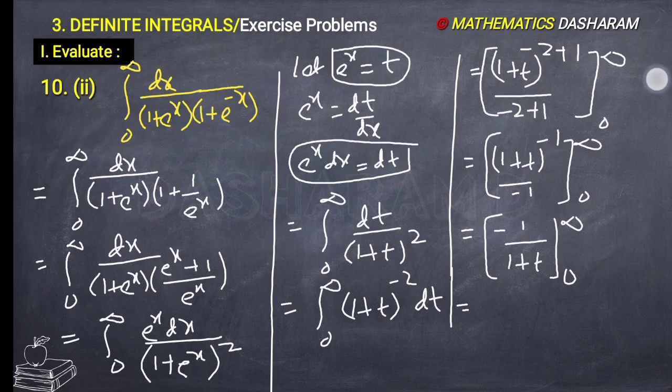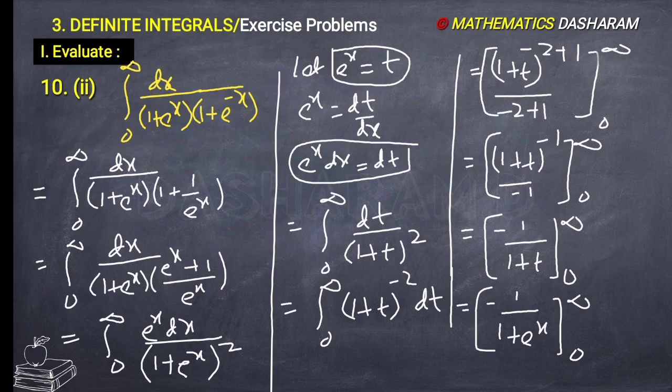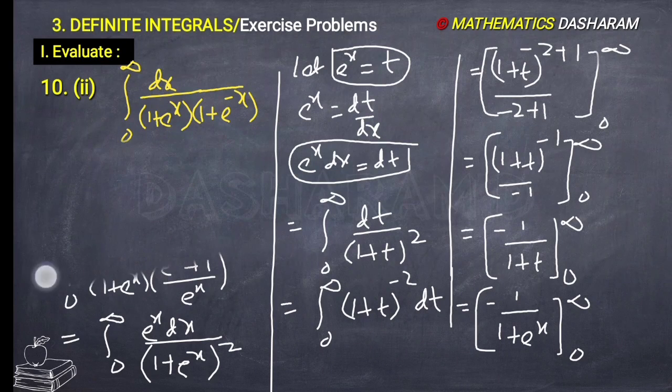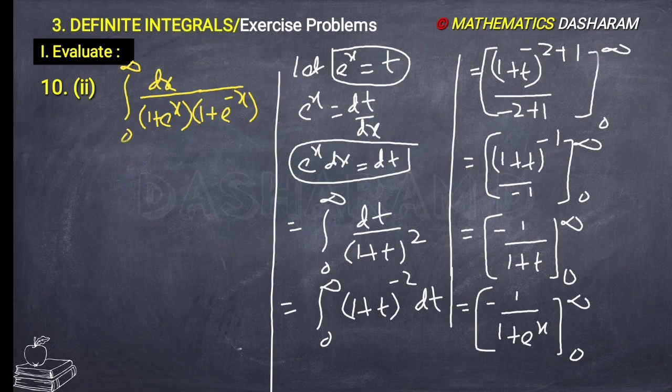So first substitute the t value. What is the t value? e power x. So 1 plus e power x, 0 to infinity. Now substitute the limits infinity and 0, and here minus can write separately. Now substitute the infinity limit. So 1 by 1 plus e power infinity minus 1 by 1 plus e power 0.